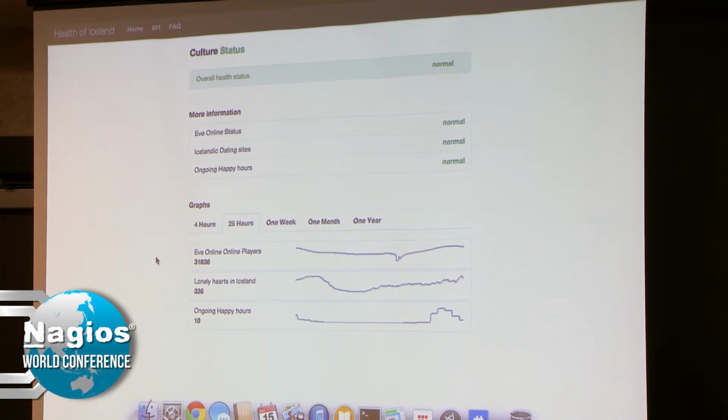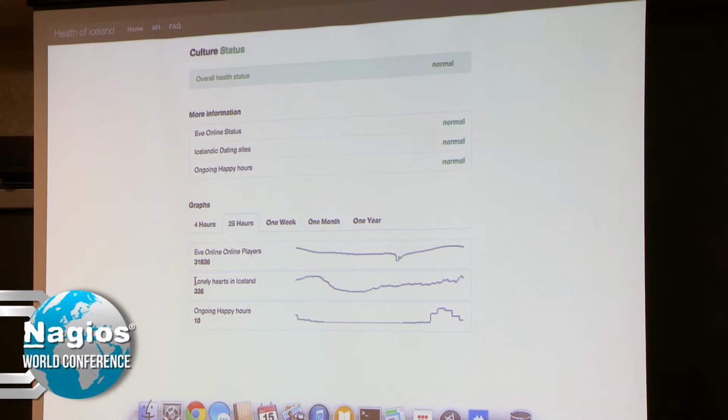I don't know if you know it, but it's an Icelandic MMO that happens in space. Very popular in Iceland. People play it a lot. And you can see it currently has 31,000 players playing online. Pretty good, and it seems they're at a high point, at least for the past 25 hours.